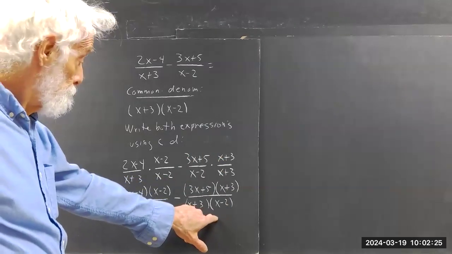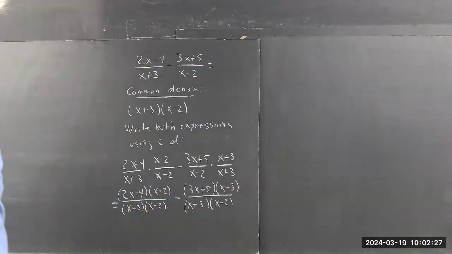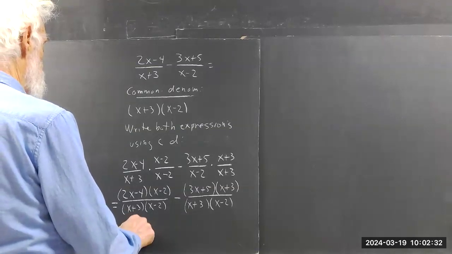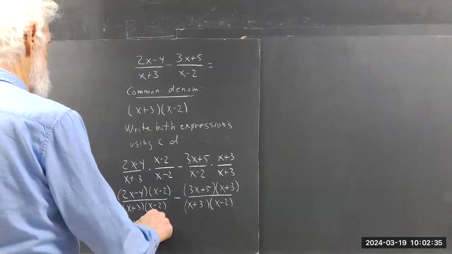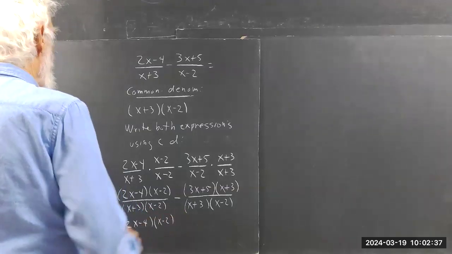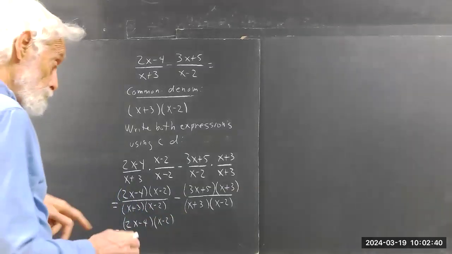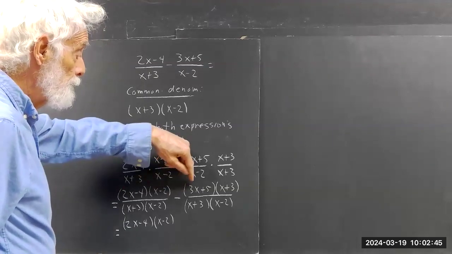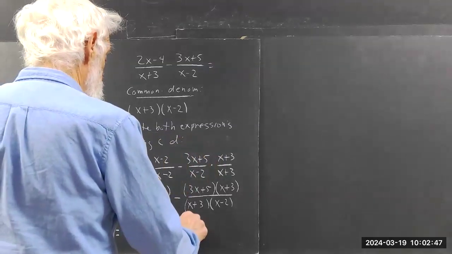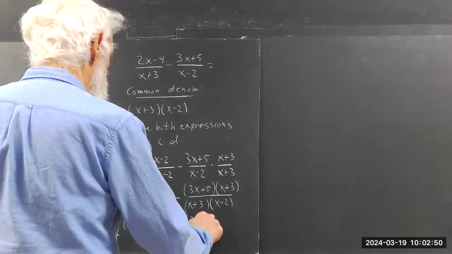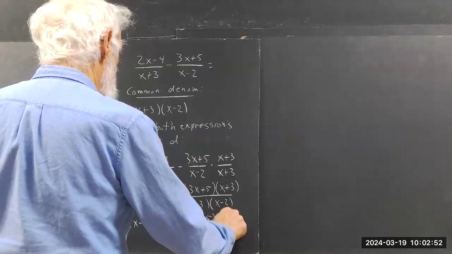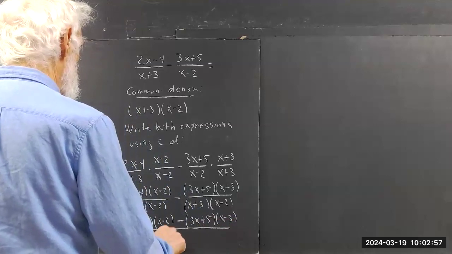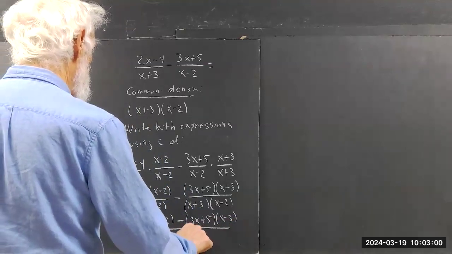Okay. So now we see that the denominators are the same. And now we can simply combine the numerators. We'll have 2x minus 4 times x minus 2 minus 3x plus 5 times x minus 3, all over x plus 3 times x minus 2.